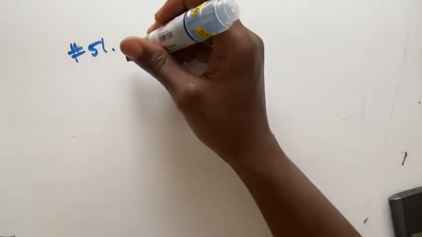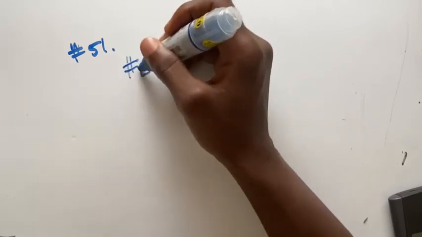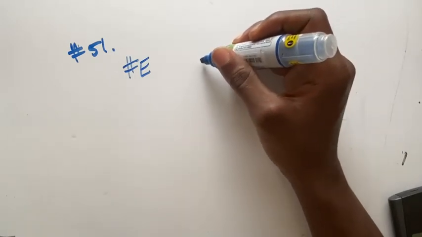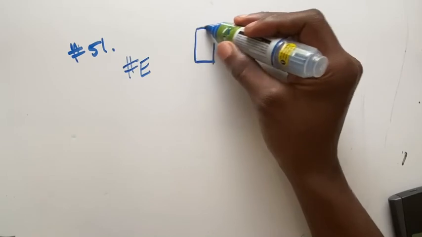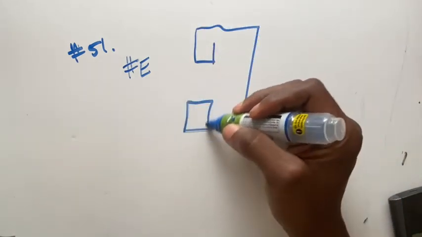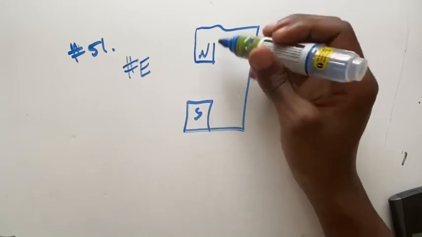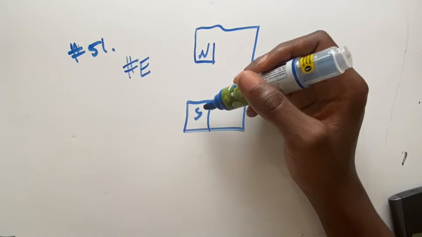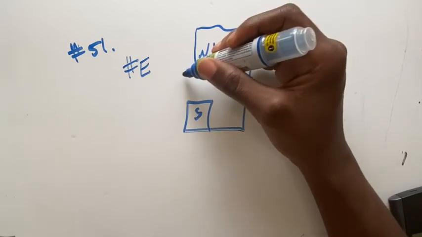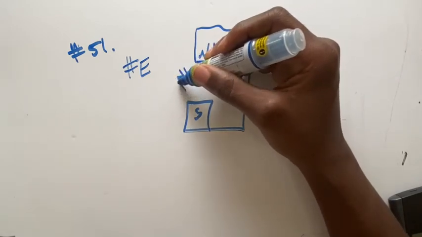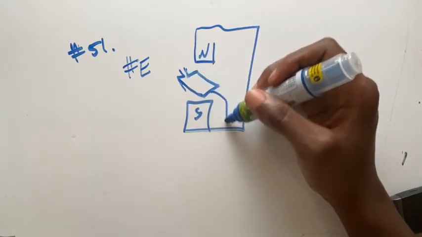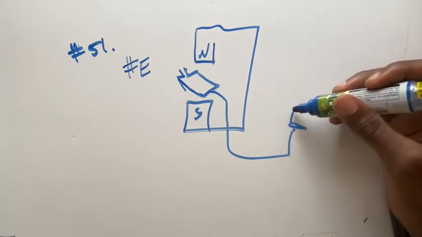So basically, the answer to number 51 is going to be E. The way an alternator or a generator works is we have some magnet, right? This is the north, this is the south pole. So the magnet here is magnet here. And then we have some type of wire, kind of like this. And it's connected to a battery or actually a light bulb or something.